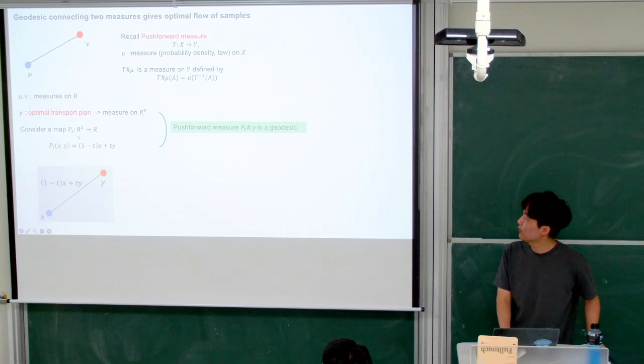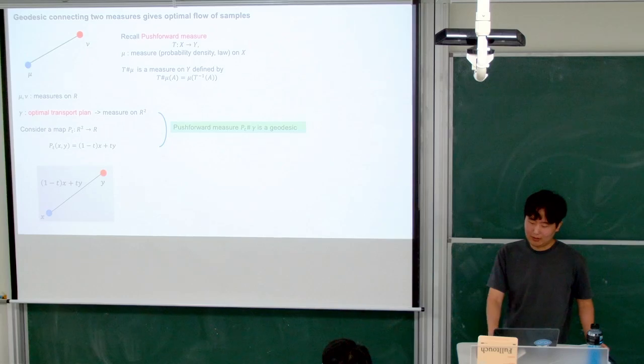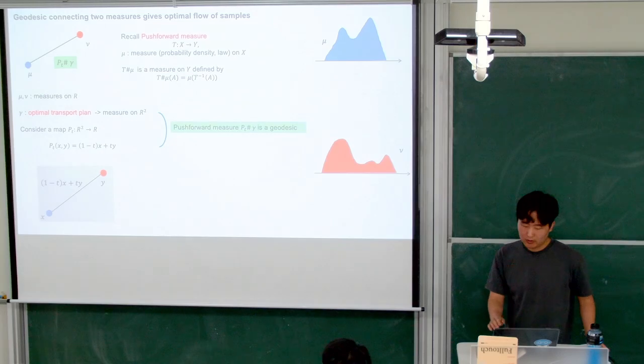And if you move the optimal coupling gamma to R, you obtain a measure on R. R is where mu and nu are living. So what I want to say is that this push forward is the geodesic between mu and nu. I mean the shortest path of transporting one measure to another, one probability density to another.